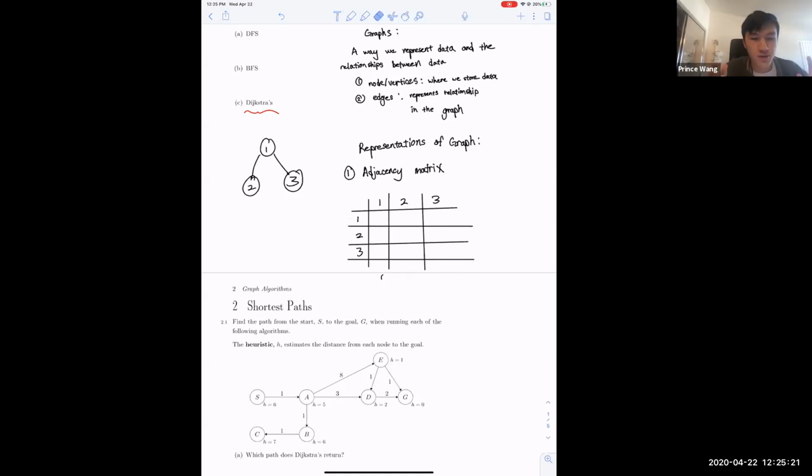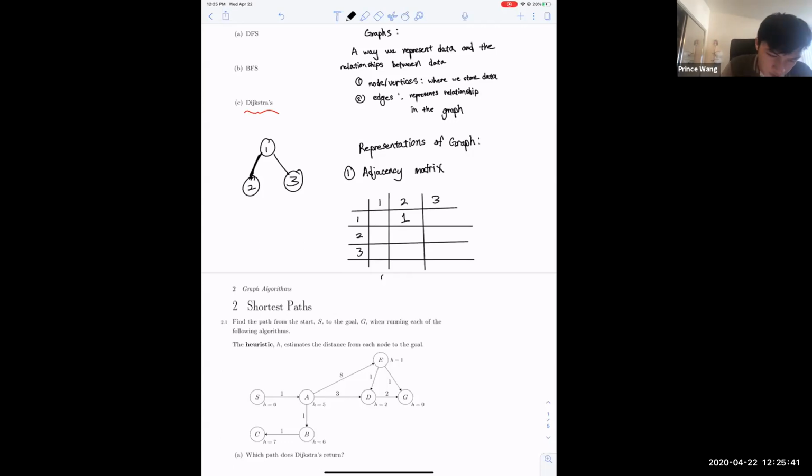I'm going to introduce what a directed graph and an undirected graph are later. But right now, as you can see, there is an edge between node 1 and node 2, right? So this is going to be a 1. 1 represents that there is an edge, and 0 represents that there is no edge.